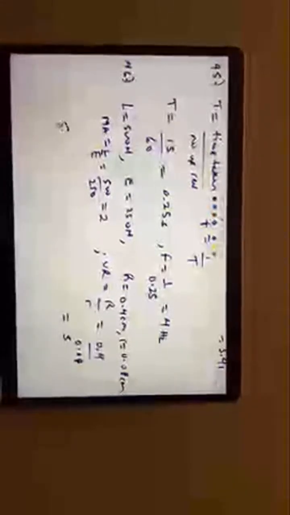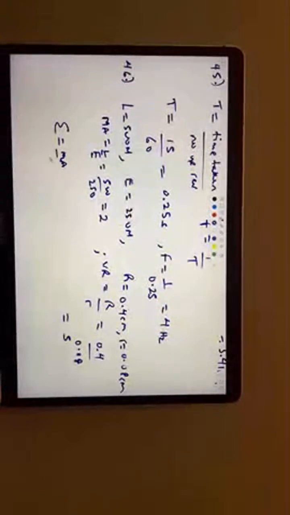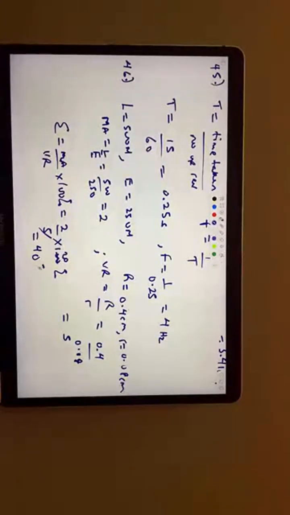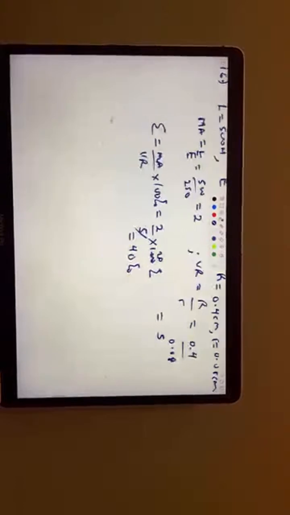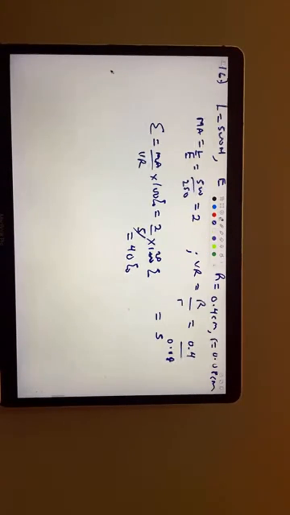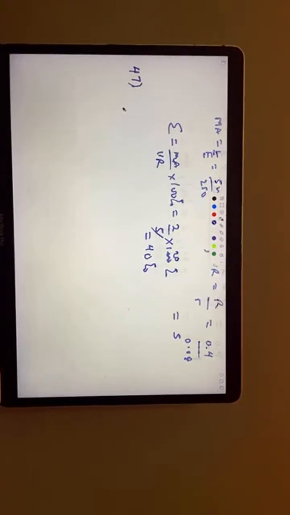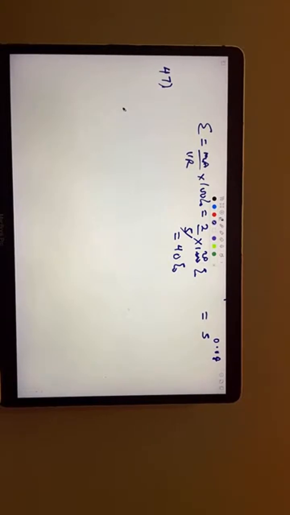Our efficiency will now be MA over VR times 100%. So that's 2 over 5 times 100%, so this goes here, 20. So the efficiency of the machine is 40%.